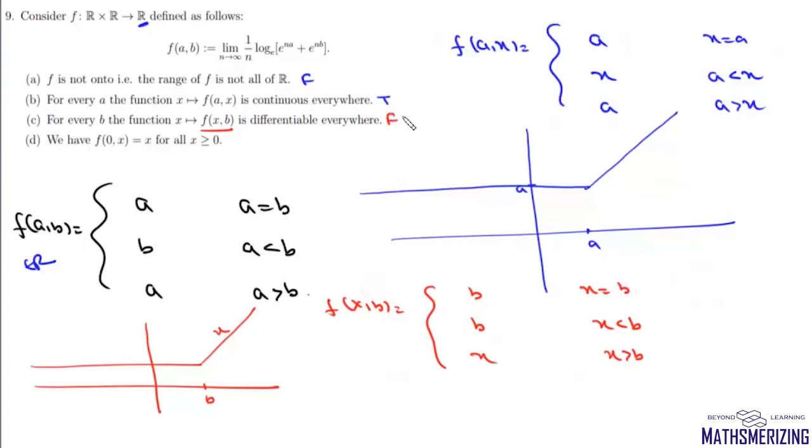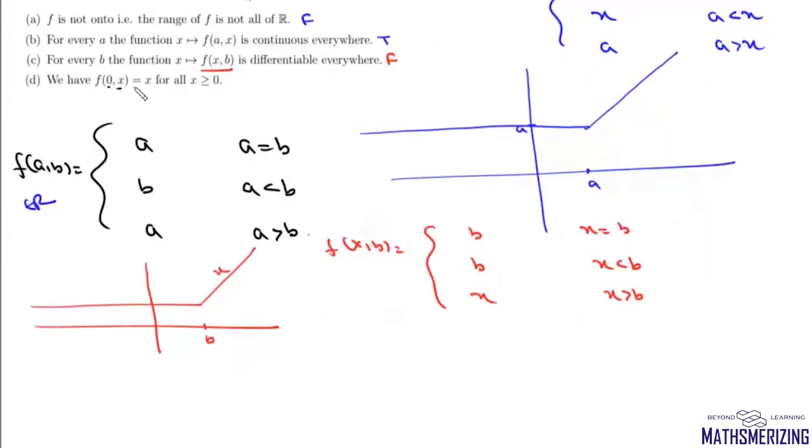Now what about option D? It says we have f(0,x) as x for all x greater than 0. So we'll take a as 0 and b as x. Then we can write f(0,x) as 0 when x is equal to 0, x when x is greater than 0, and 0 when x is less than 0.